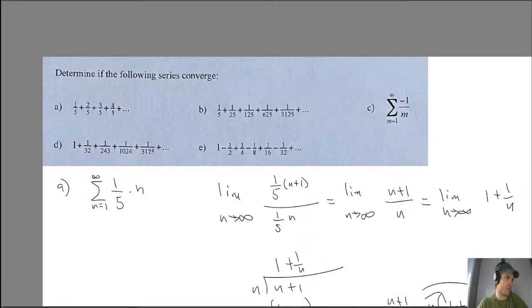Can't do that. Comparison test. I don't know any. I suck at the comparison test. Alternating. It's not alternating. Let's go there. Ratio test. Root test.